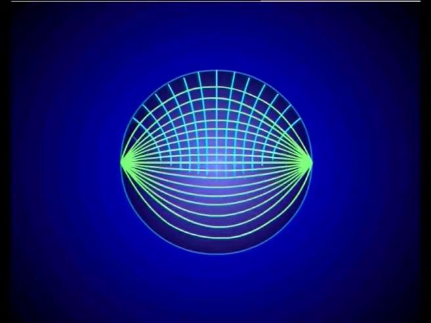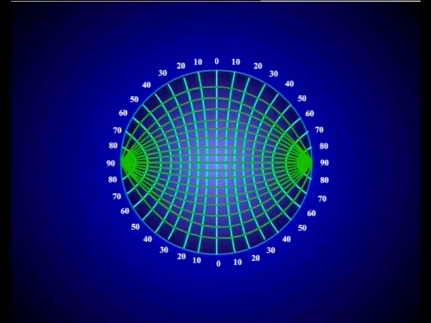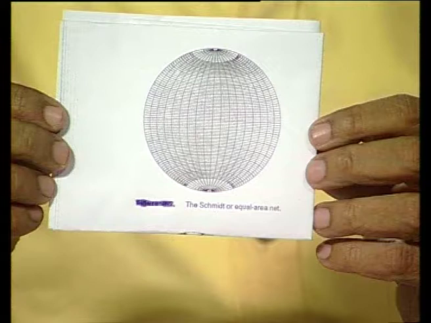This shows how planes of identical strike but of differing true dips in opposite directions are plotted three-dimensionally and how their stereographic projections are obtained on the median or equatorial plane of stereographic projection. The equal area net, or Schmidt net, on the other hand, looks slightly different from the equal angle or Wulff net. It has an appearance like this.